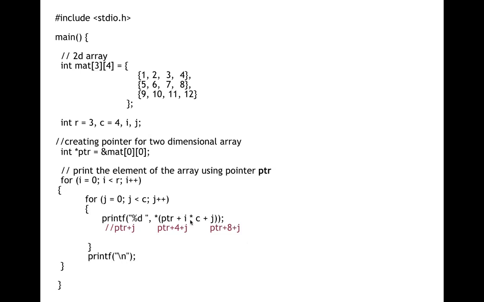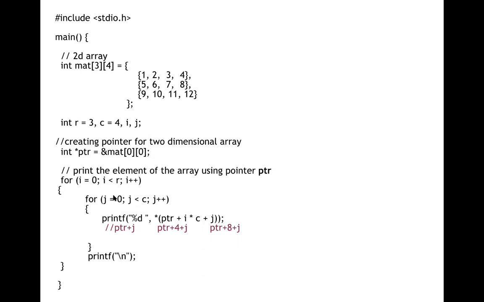I is 1, so I have to move 4 numbers: PTR plus 4 plus 0. PTR is 1000, and 4 integers is 4 into 2, which is 8, so 1008 plus J, which is 0. In the 1008th location, 5 will be there, so 5 will be printed.